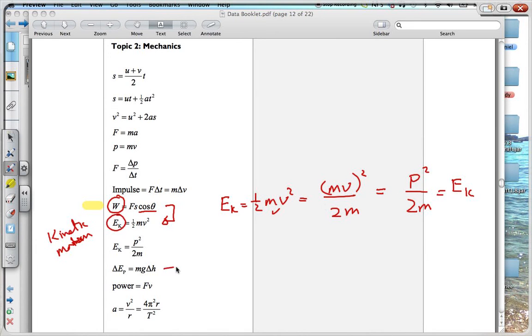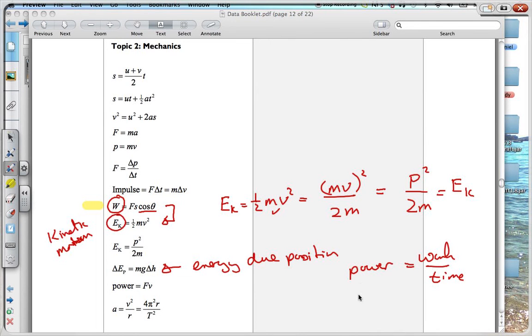This over here is your potential energy. This is the energy due to position. As you raise the height, you give it the potential to do energy. Now, the general way that we define power is work over time. It's the rate of doing work.